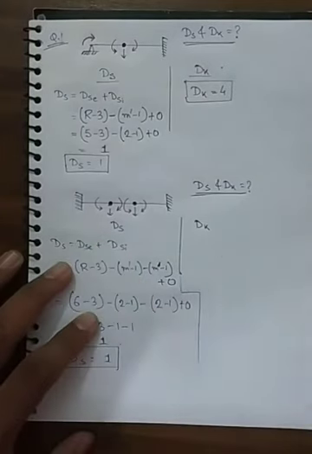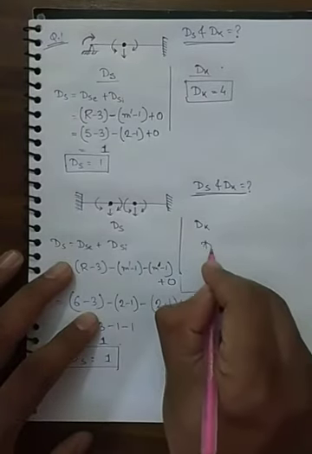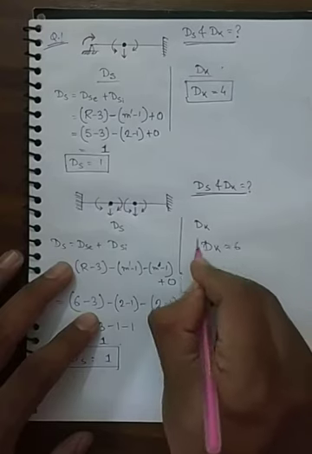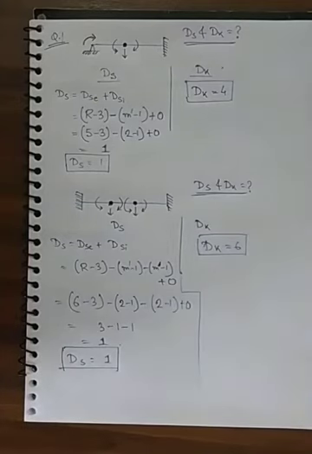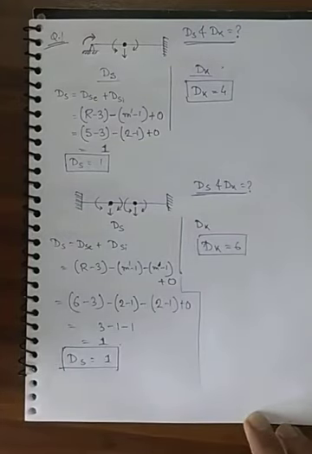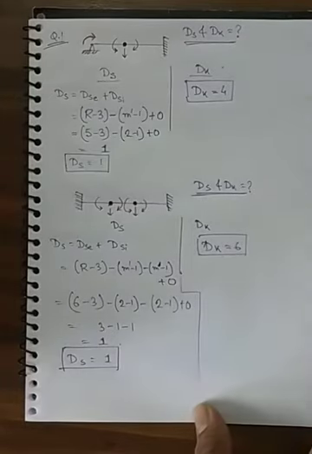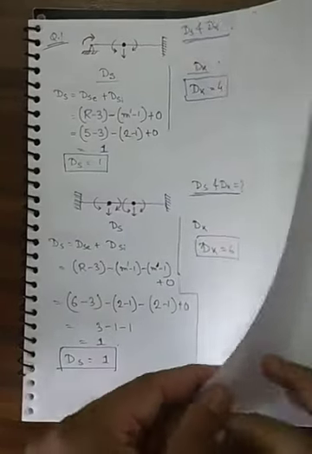So 3, 3, 6, so DK value is 6 for this figure. Done. So you can see how easily we can solve the beam problem for determining DS and DK, that is degree of static indeterminacy and degree of kinematic indeterminacy.